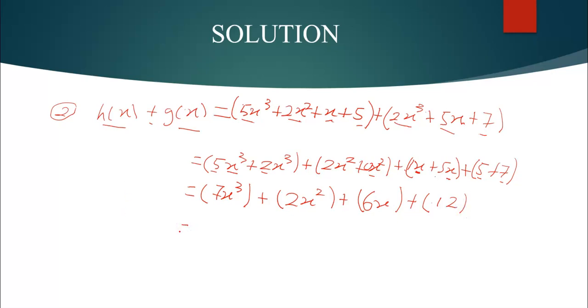After that, you take them from the brackets. So you have 7s cubed plus 2s squared plus 6x plus 12. This is the final answer.